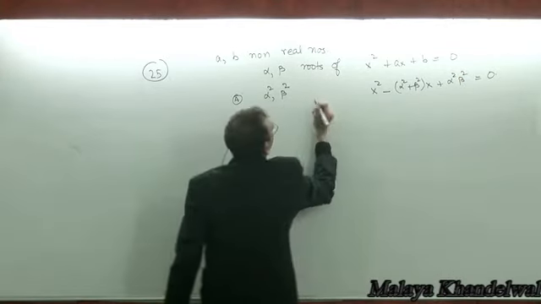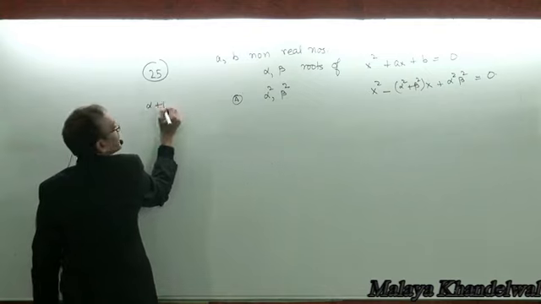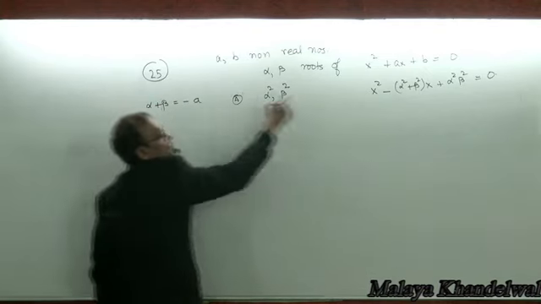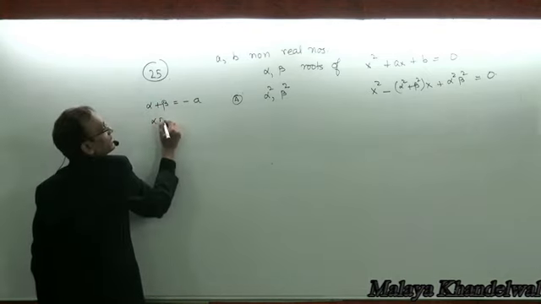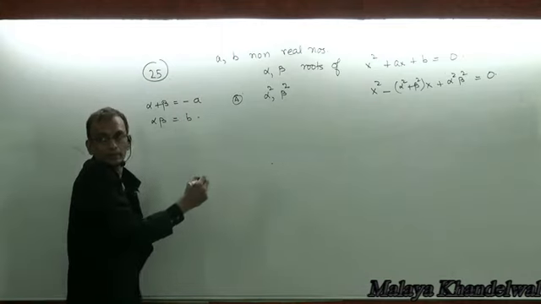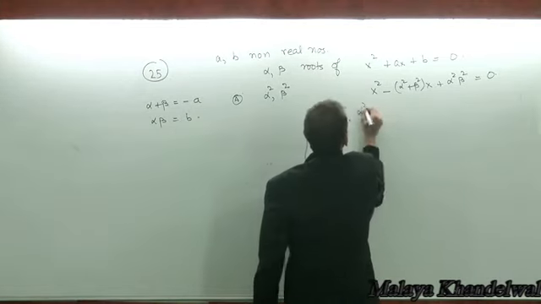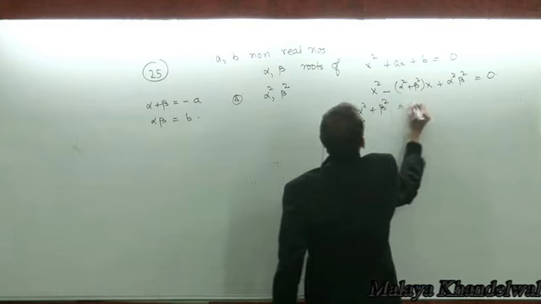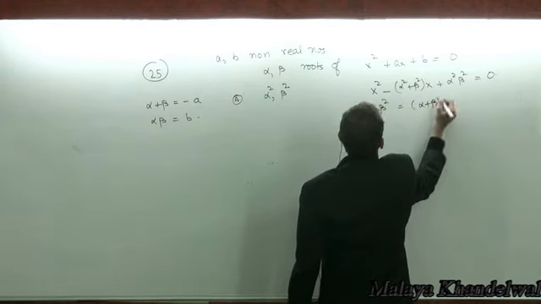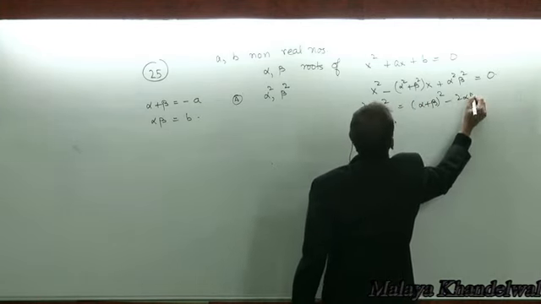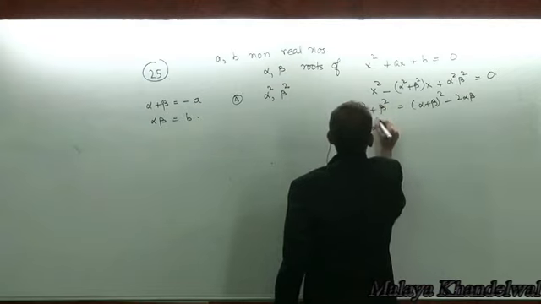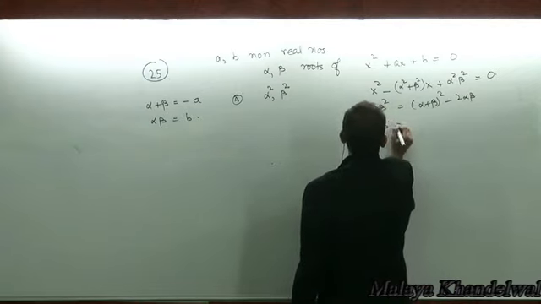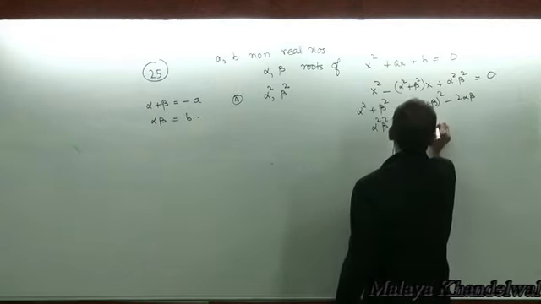So very clearly alpha plus beta is minus a for this quadratic, and alpha beta is b, right? So alpha squared plus beta squared you can find using alpha plus beta whole squared minus 2 alpha beta, and alpha squared beta squared, the product of the roots, is alpha beta whole squared.